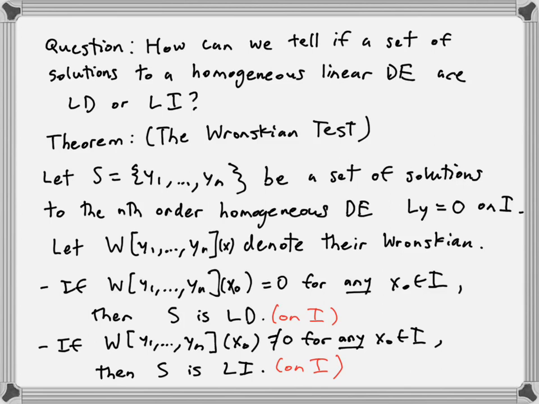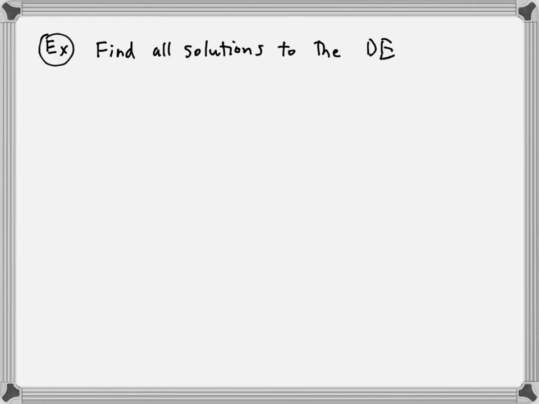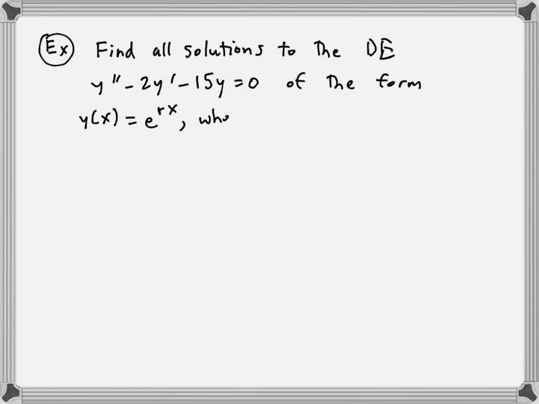So let's do an example. Find all solutions to the differential equation y double prime minus 2y prime minus 15y equals 0 of the form y of x is equal to e to the rx, where r is a constant.